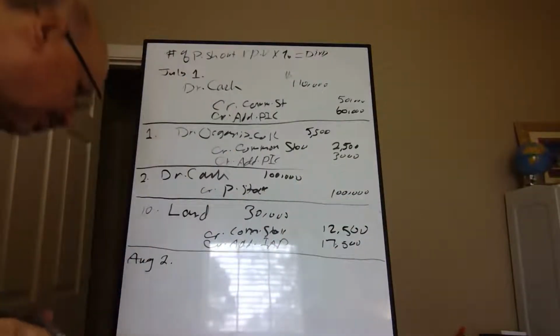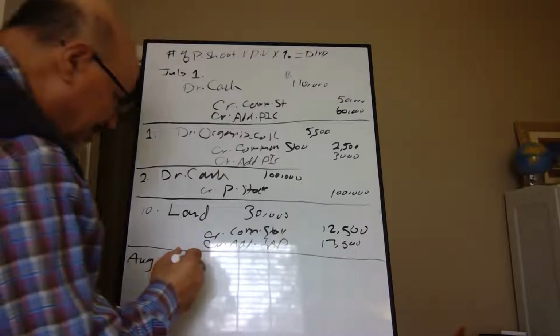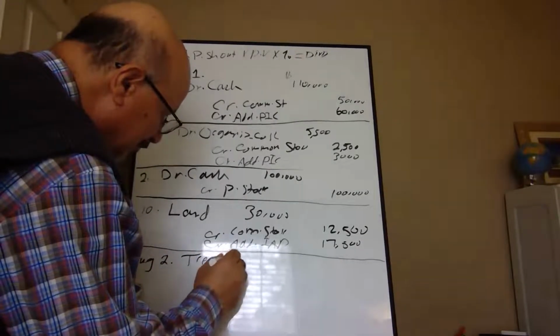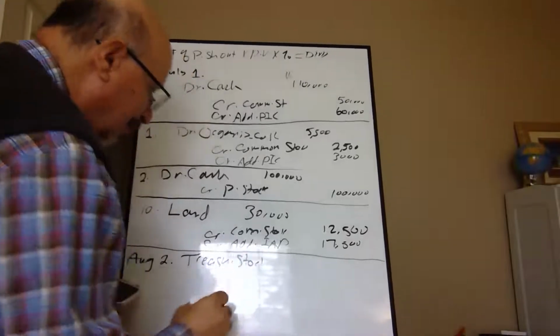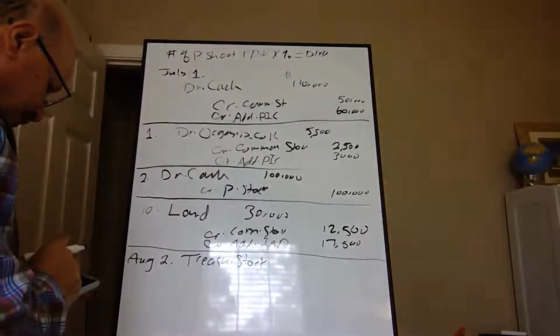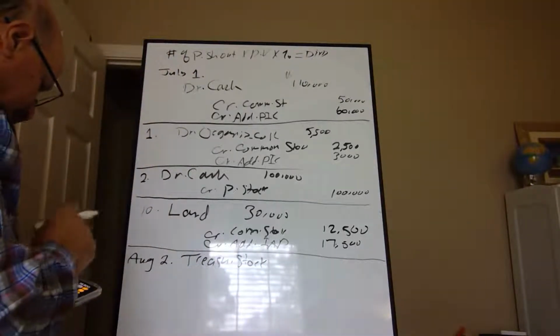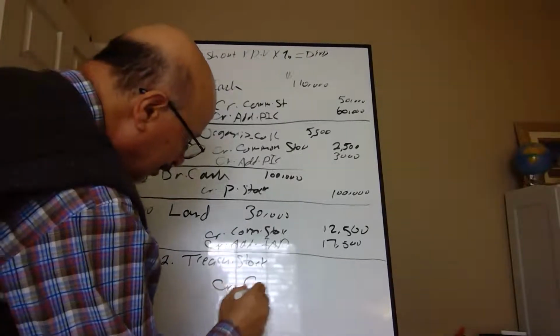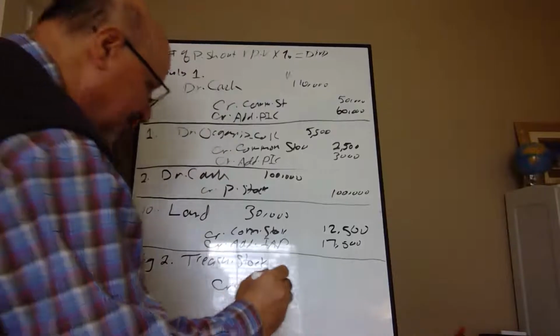Okay, so we're going to debit, in this case, treasury stock and we're going to credit cash.